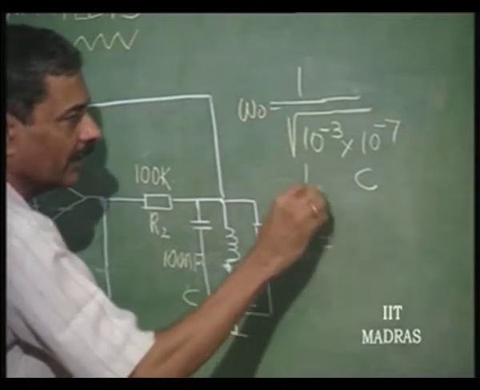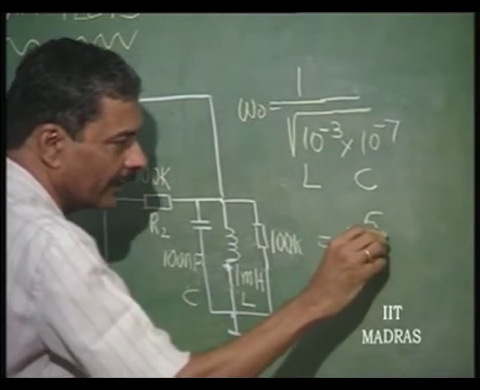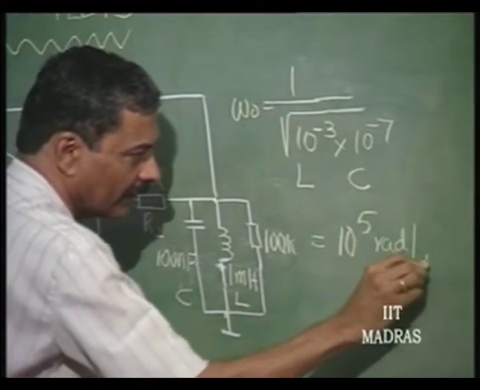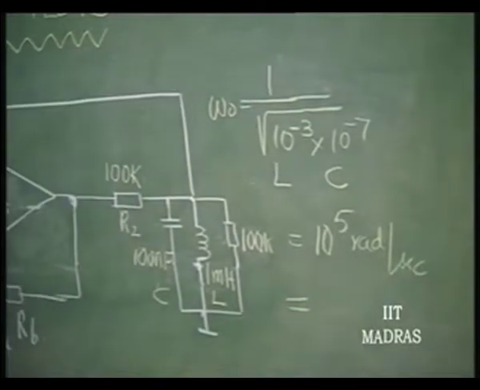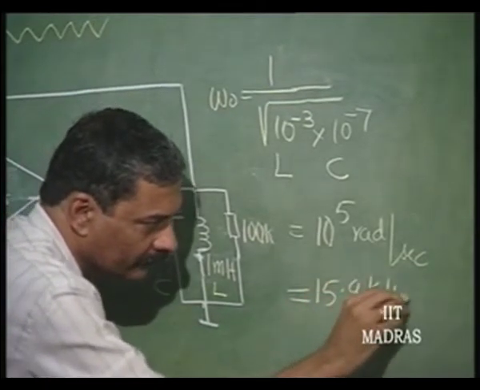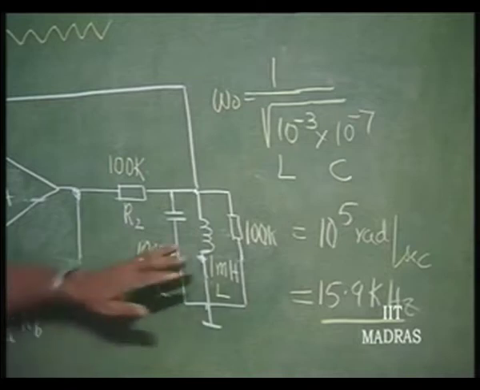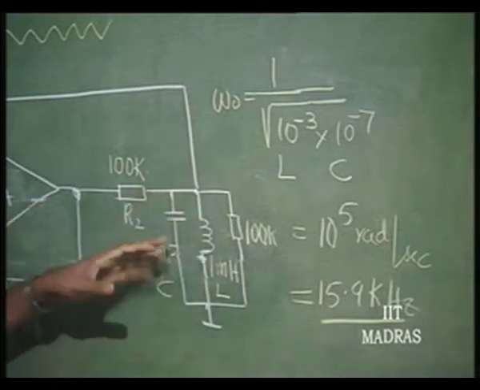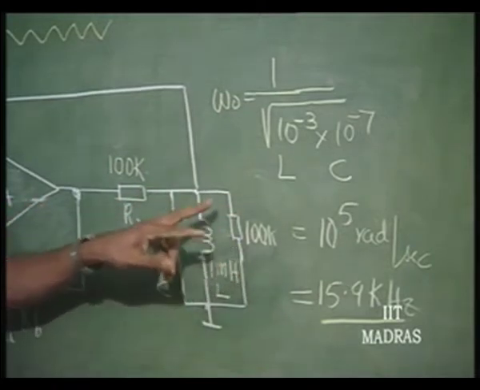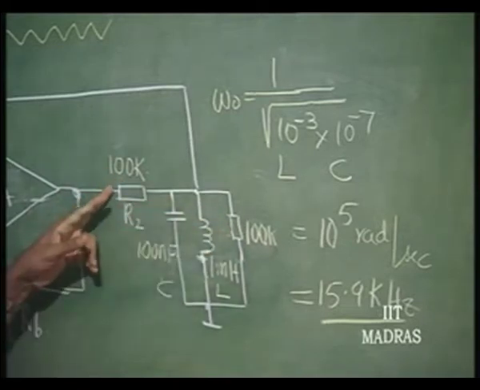So, that is going to be therefore equal to 10 to power 5 radians per second. That is the resonant frequency, which is equal to 15.9 kilohertz. That is the frequency of oscillation, I say, because at that frequency of resonance, this whole thing resonates, and this will act as a 100K resistance, and from here to here the attenuation is half, 100K divided by 100K plus 100K.